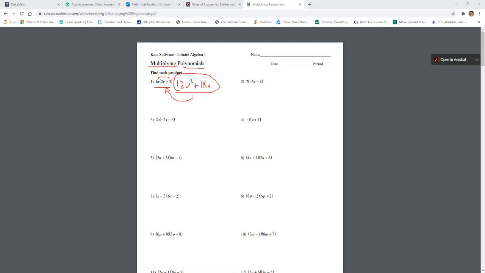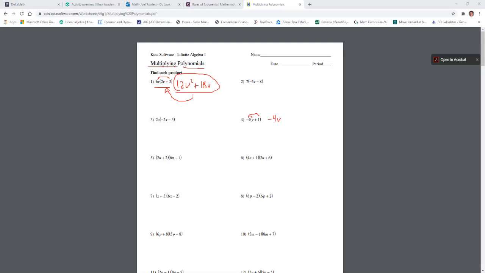Let's look at problem number 4. On problem number 4, same thing, right? I'm going to distribute the negative 4 across both of these terms inside the parentheses. So negative 4 times v is negative 4v. And then I have to multiply negative 4 times positive 1.